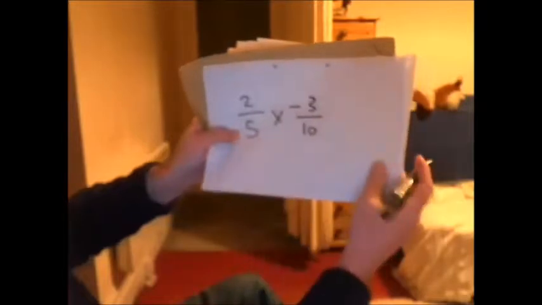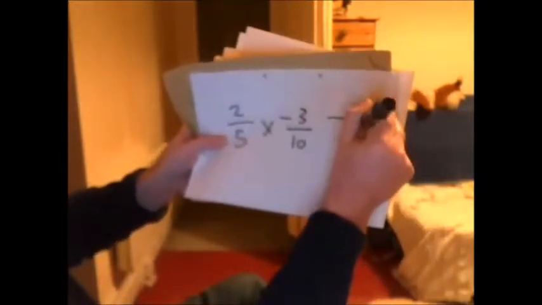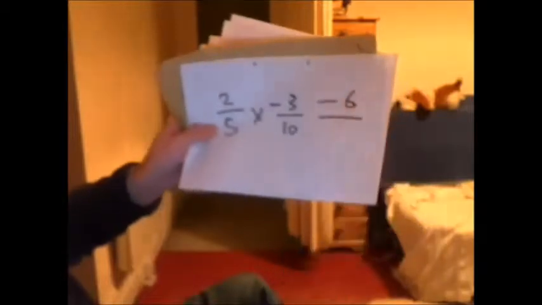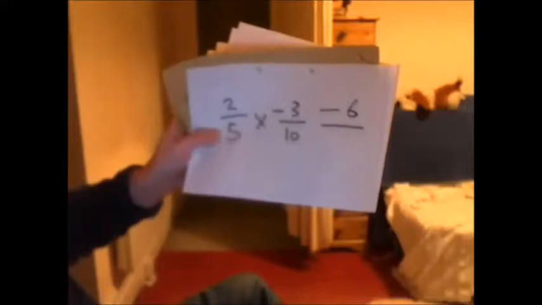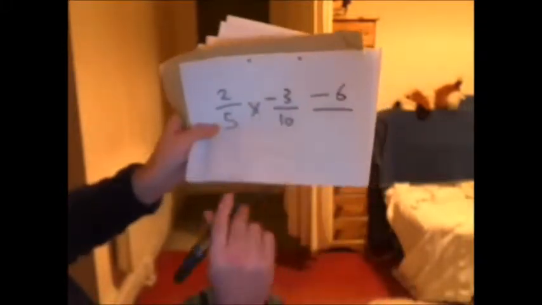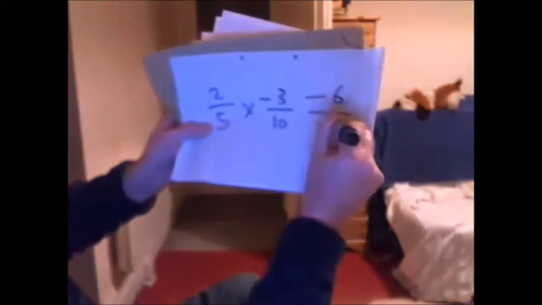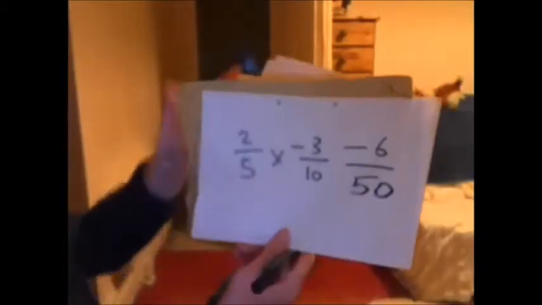So 2 times a negative is still a negative. So we know that the numerator is going to be negative 6 or minus 6. 5 times 10, nice easy one there, is 6 over 50.